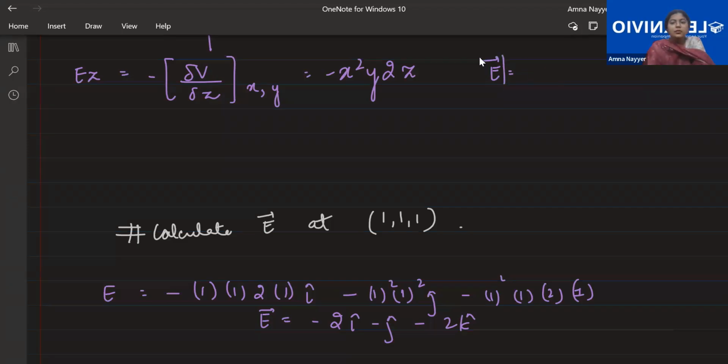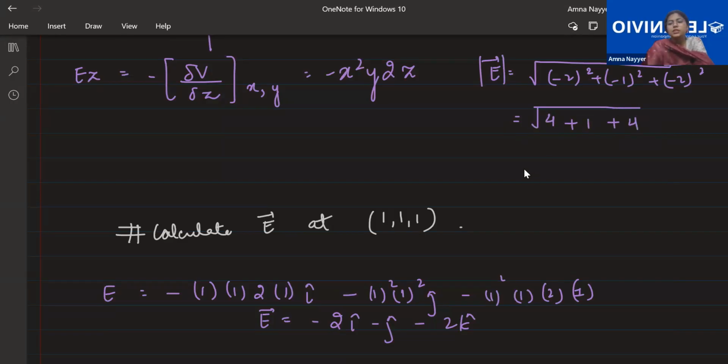The magnitude of electric field will be minus 2 square plus minus 1 square plus minus 2 whole square. So this becomes 4 plus 1 plus 4. So this is 8 plus 1, 9. That is 3. So electric field's magnitude will become 3 volt per meter.